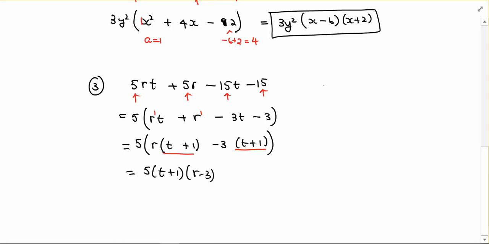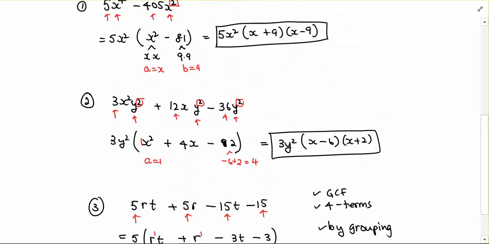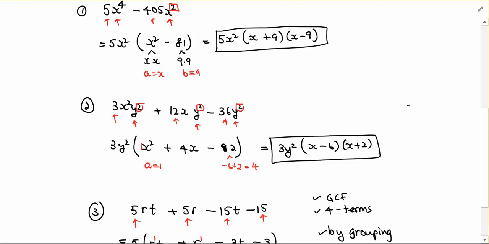So four terms by grouping. GCF first, of course. GCF, four terms by grouping. This one, GCF, three terms, and so we can do trial and error or the AC method.